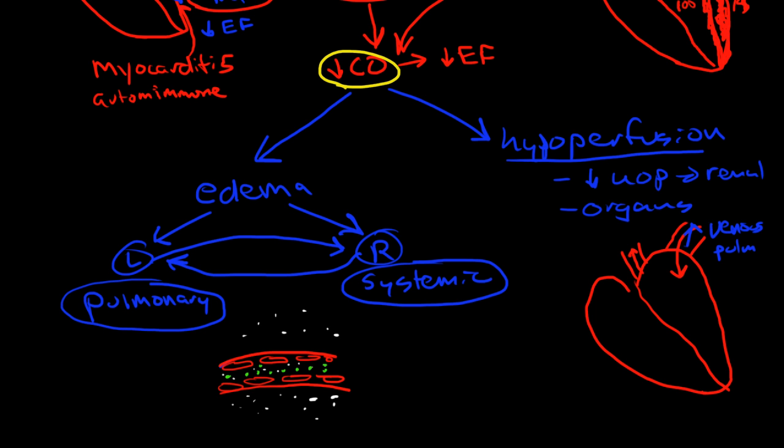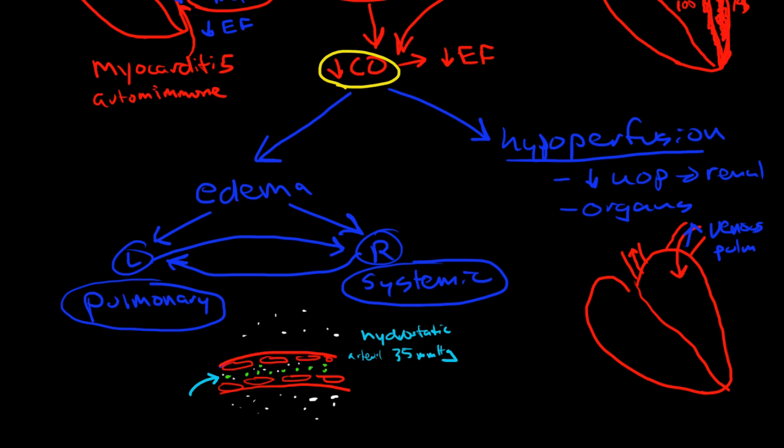Now, just keep that in your mind. As fluid flows through the capillary from the arterial end, the arterial hydrostatic pressure is about 35 millimeters of mercury. And I'm talking about the systemic circulation.